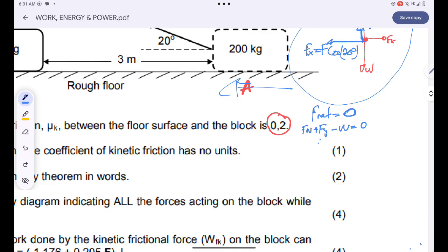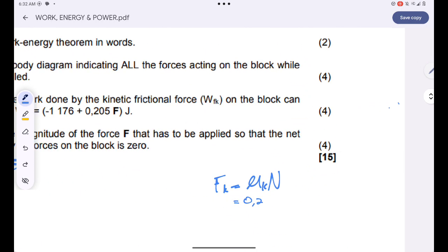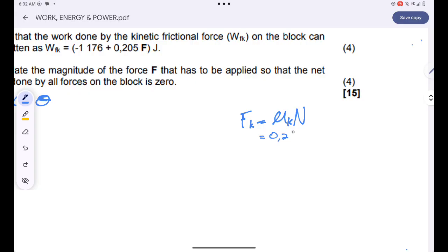So we can therefore conclude that the normal force is equal to the gravitational force minus the vertical component of the force F. Are you together? So now I do know the value of my normal force. I can just substitute it over here. It will be weight minus the vertical component.